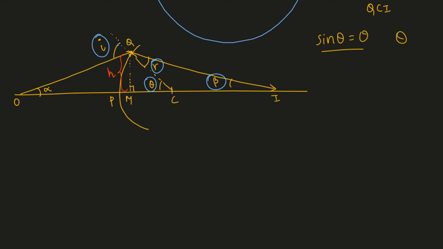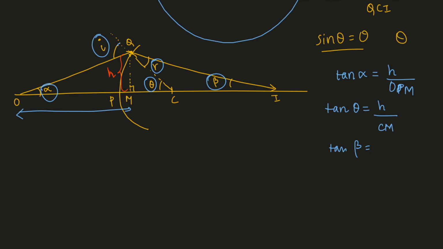Why? Because we can write tan of alpha as h over OP. We can write tan of theta as h over CM, and tan beta as h over IM.